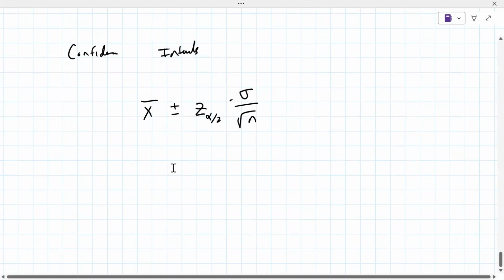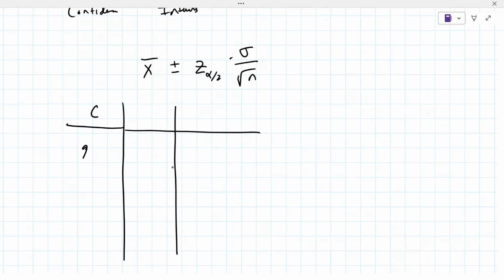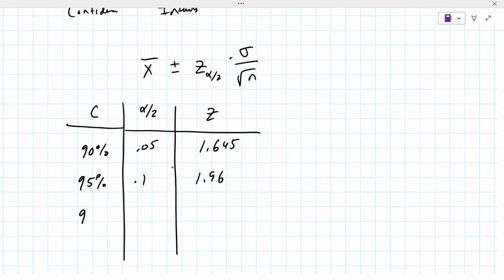As review, when they give you C, like if they say they want a 90% confidence interval, alpha over 2 is 0.05, and the Z value is 1.645. 95% is 0.025, and that's 1.96. 99% is 0.005, and that's, I think, 2.576.